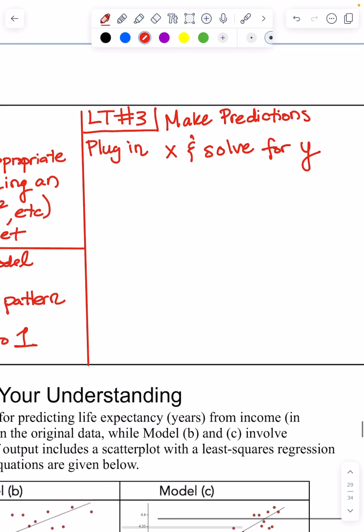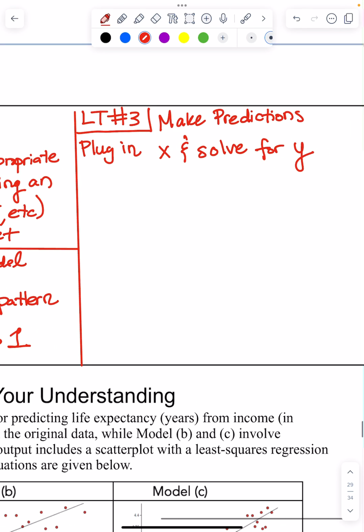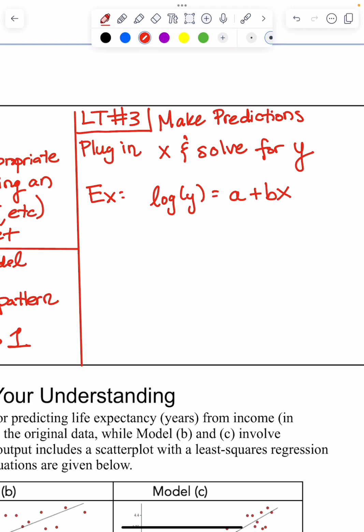It's just a little bit more complicated when you're dealing with transform data. So for example, if you have some data that looks like this, log of y is equal to your y-intercept plus your slope times x. Well, you can plug in your value for x and then you get some kind of number over here.